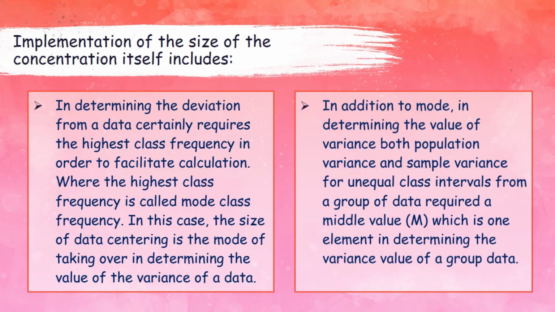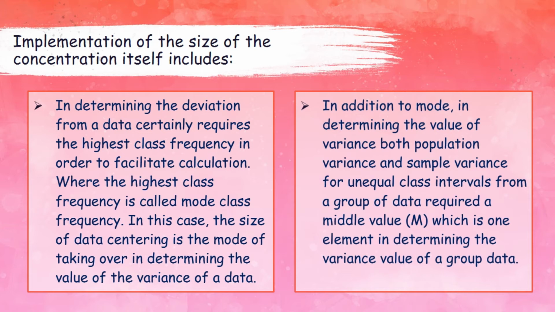From facts number 1 and number 2, it can be concluded that in determining the variance of the population and the sample, the measures of data concentration, namely mode and median, are very influential in calculating the value of variance.